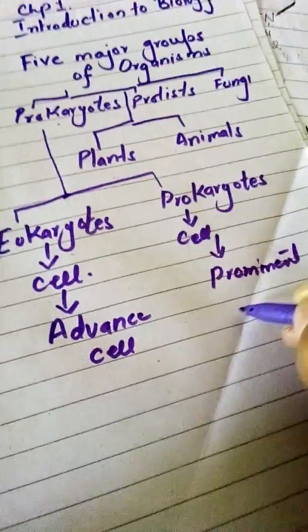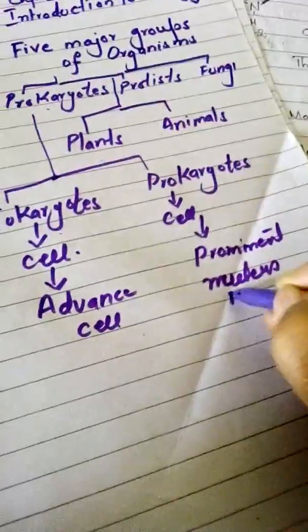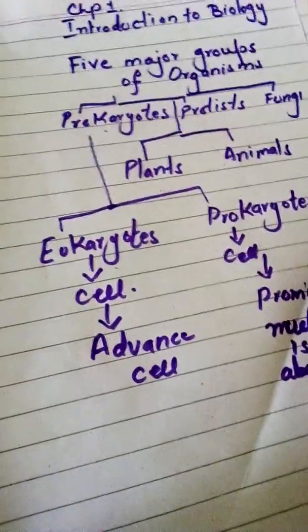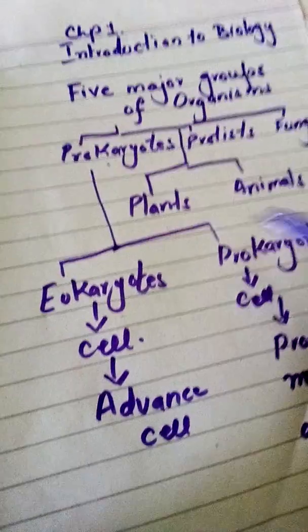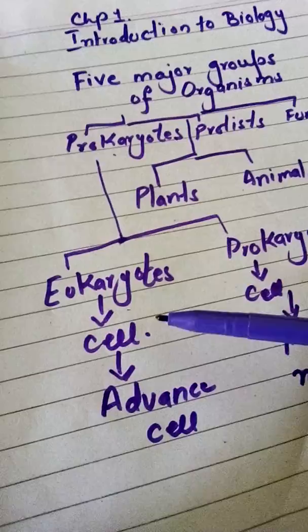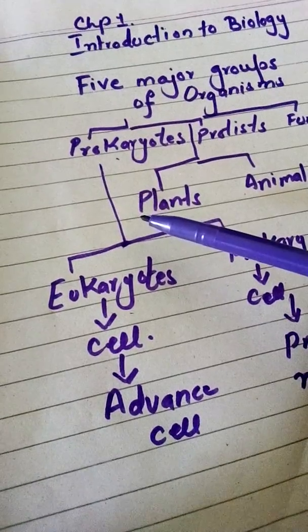A prominent nucleus is absent in prokaryotes. Most of the living organisms, like we human beings, mammals, and plants, are related to eukaryotic cells.